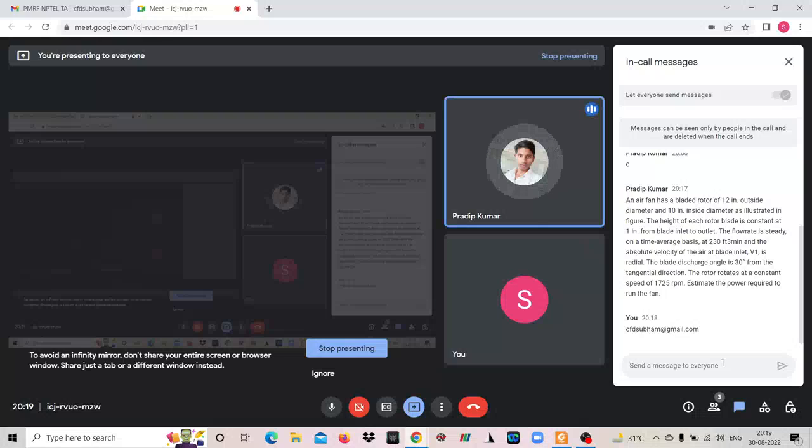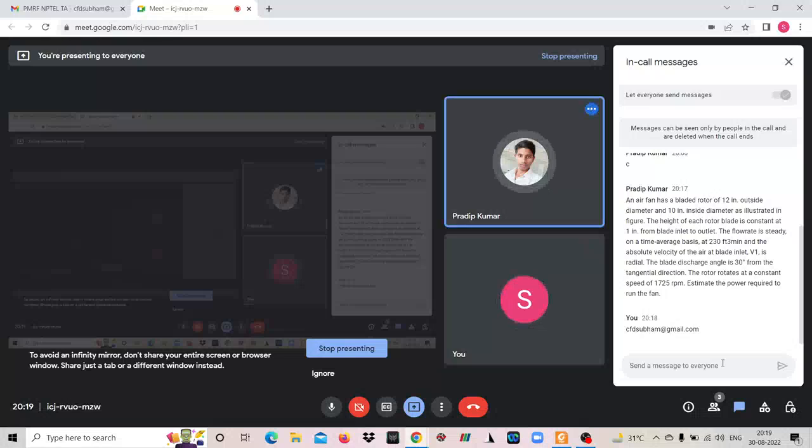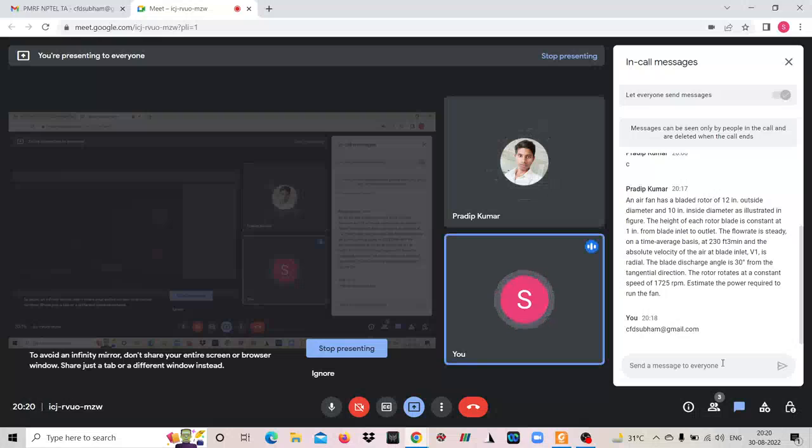Sir, I have not understood this problem. Okay, fine. This is basically an application of conservation of momentum, linear momentum. Maybe in the next class I will take this question, if time is there, or otherwise I will send you a detailed solution.